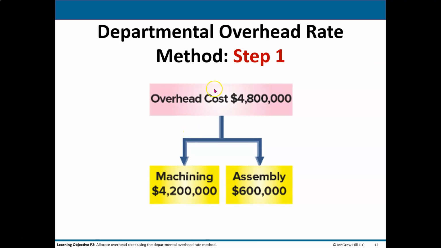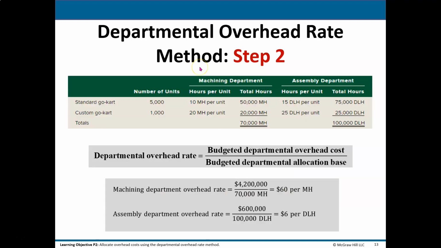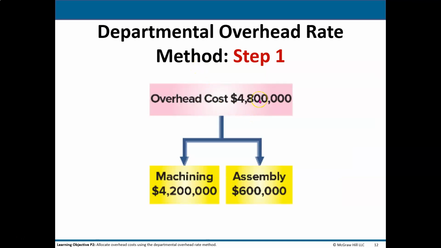And in this case, we're going to calculate a departmental overhead rate. We're going to look at splitting up the overhead costs. Out of that 4.8 million of overhead costs, we can trace 4.2 million of that to the machining department. Machining department is going to absorb $4,200,000 worth of machining overhead.